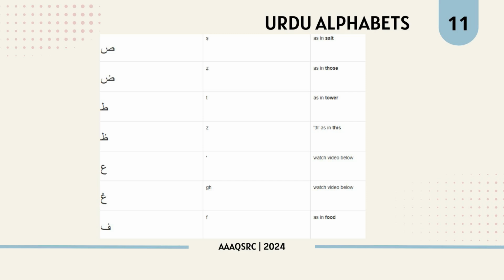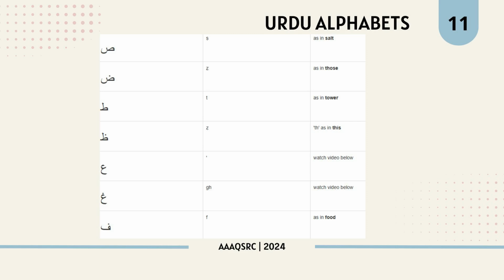The next alphabet we have is swad. And unfortunately we don't have any perfect alternative, so we use s for this also. And now you have a question: what is the difference between seen and swad? The difference is pronunciation and voice modification. Seen has a thin voice and swad has a hard voice.